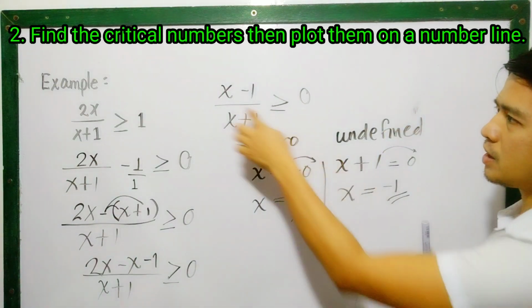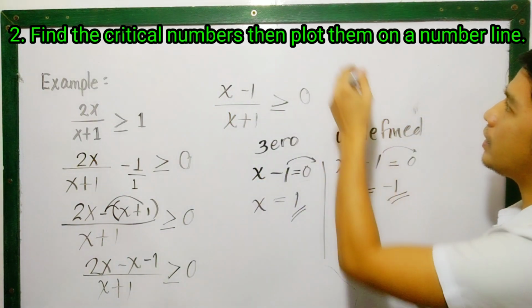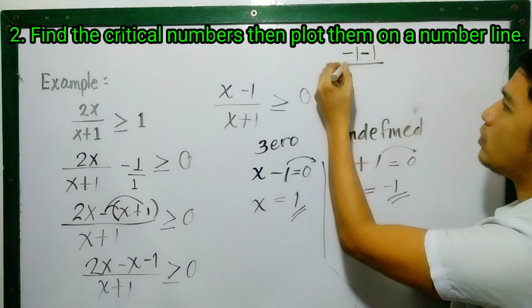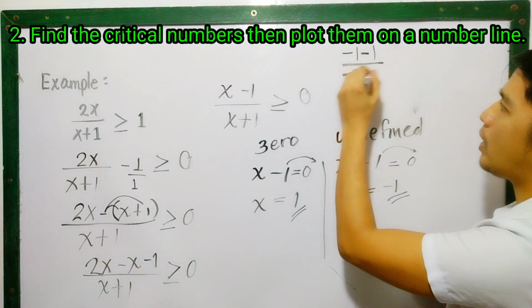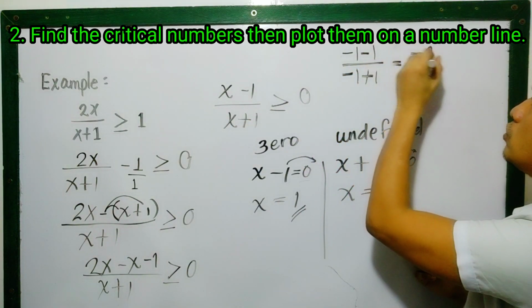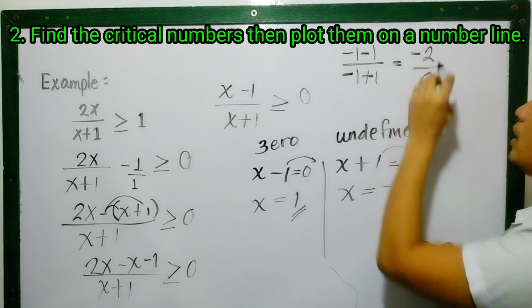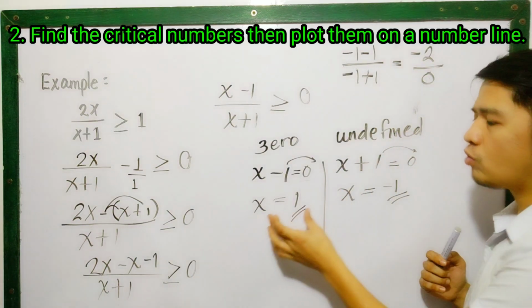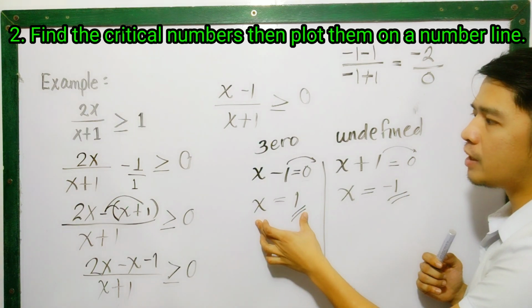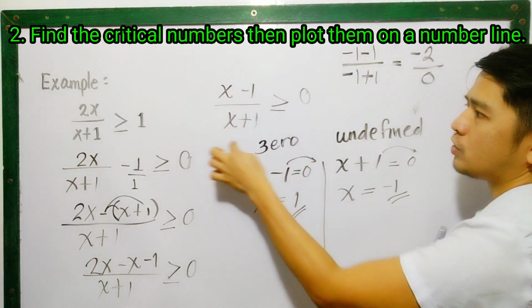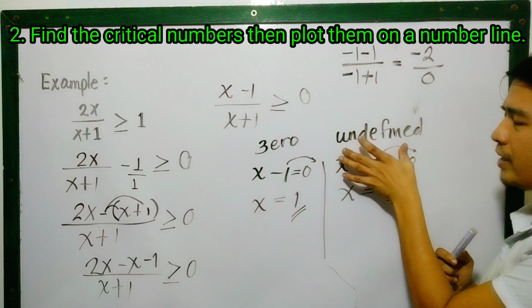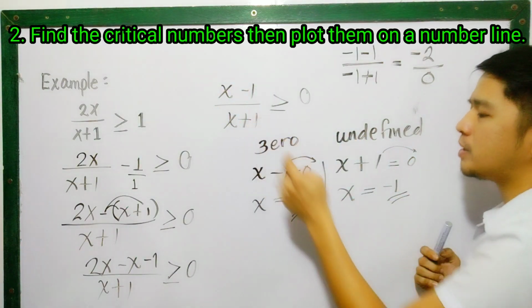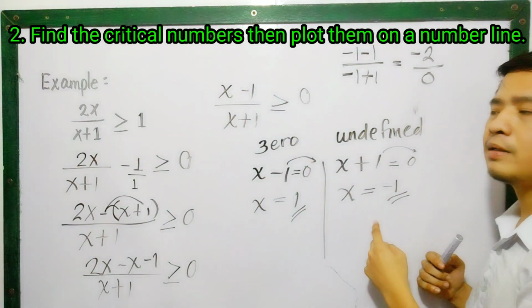Bakit undefined? Kasi kung ito ay negative 1, so magiging negative 1 minus 1 all over negative 1 plus 1. So, this is negative 2 over 0, and kapag ka 0 denominator, undefined siya, no? Ito yung value na makakapagbigay sa atin ng 0 doon sa expression na to, at undefined doon din sa expression na to kapag sinubstitute yung mga values nila.